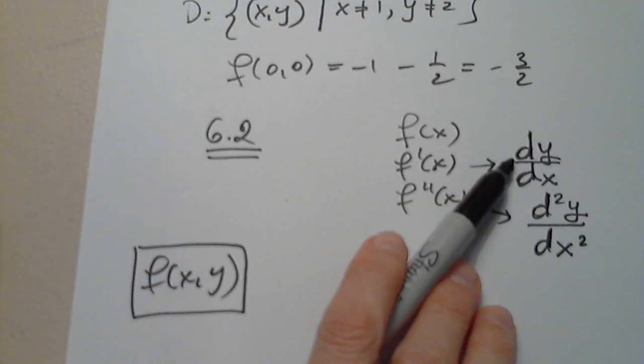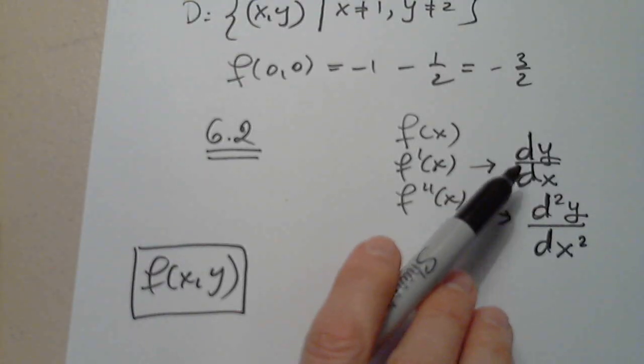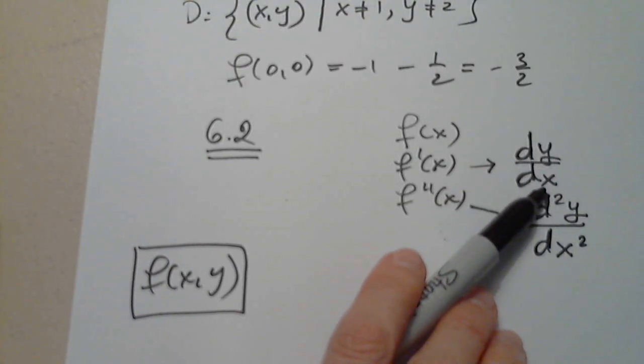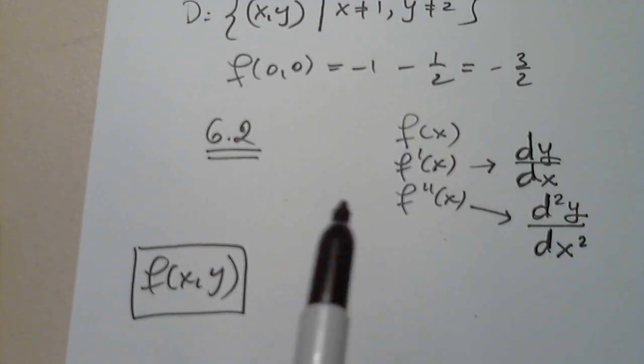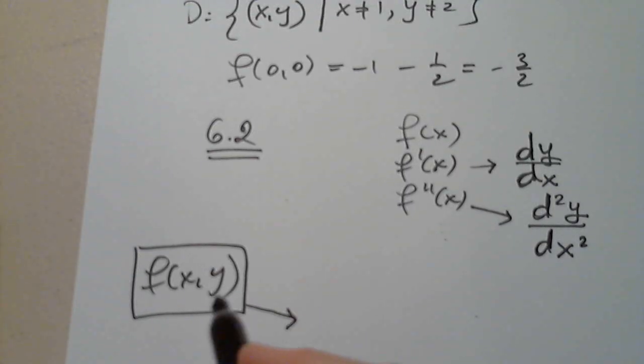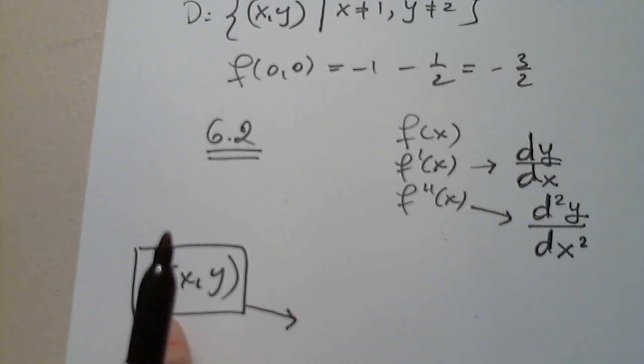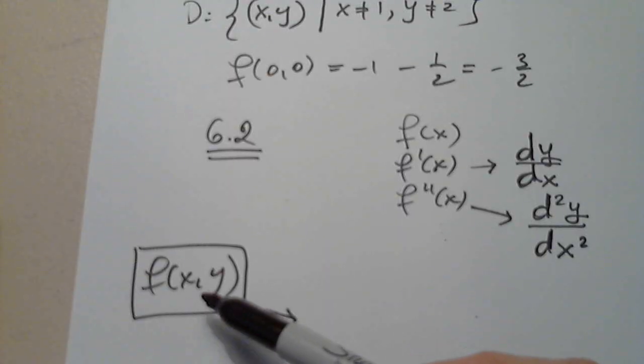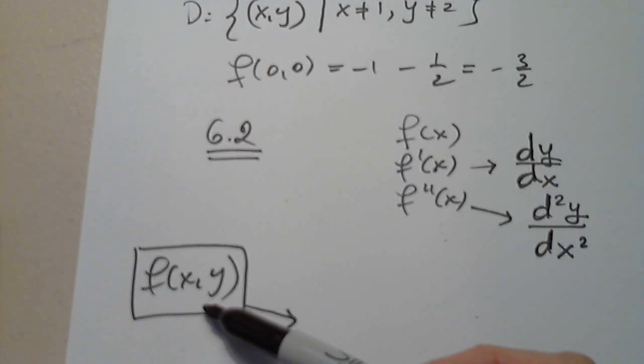This notation signifies that y is a function of one variable. If I want to determine the derivative of this function, I have to pick one variable to differentiate by. I cannot differentiate with respect to x and y at the same time.